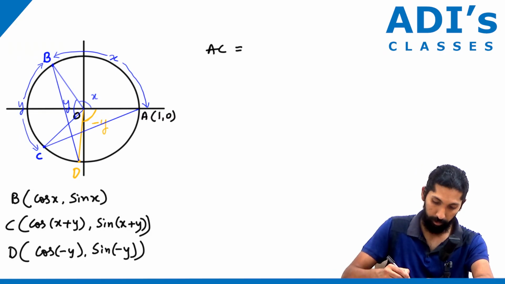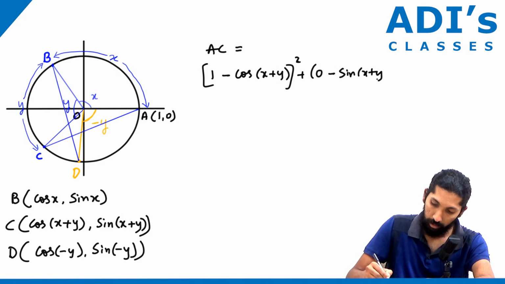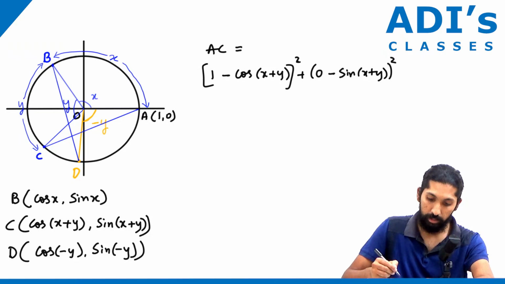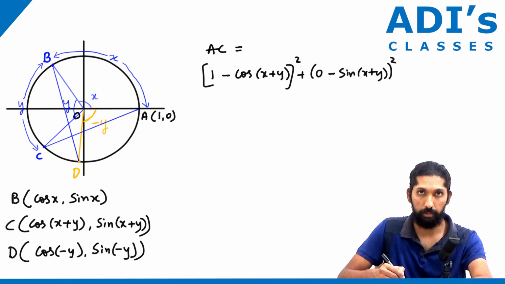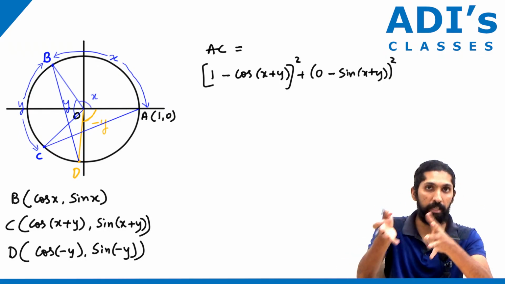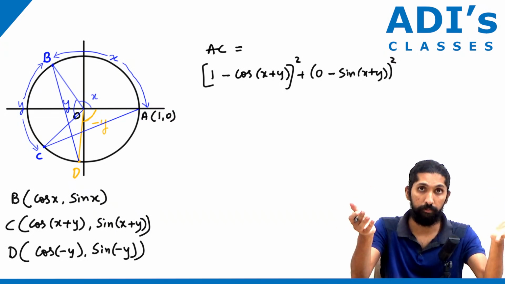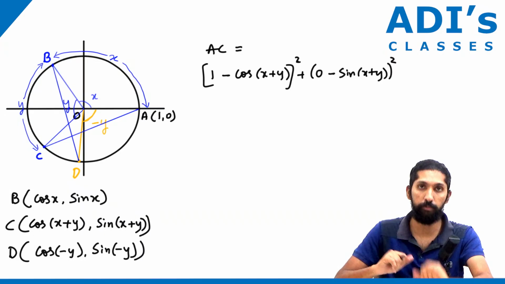So AC is going to become 1 minus cos of (x plus y) whole square plus 0 minus sine of (x plus y) whole square. Now this is under the root, correct? Distance formula is under the root. Now when you equate AC and BD, both of them are root, we can cancel it out. Okay, so for now we'll just write it this much.